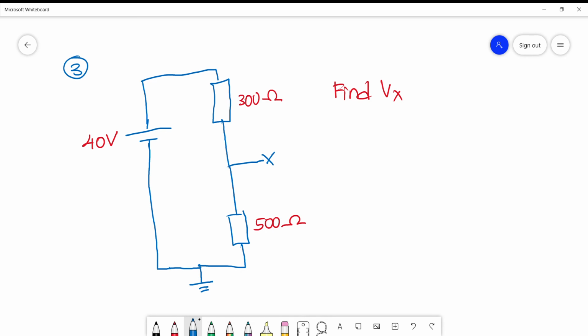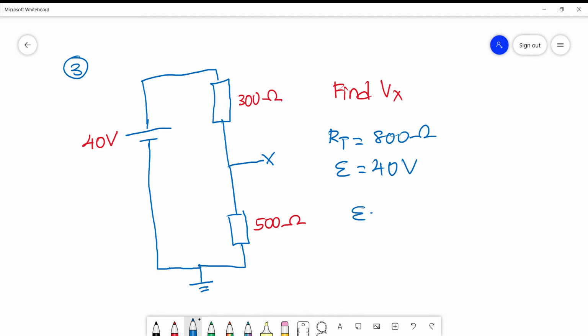Based on our prior knowledge, our total resistance, arranged in series, is 800 ohm, and we have the battery which is 40 volts.